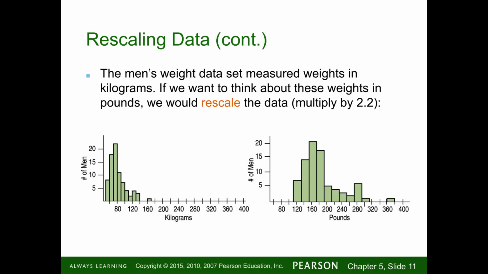Okay? So here's another example. Men's weight data in kilograms, and then we multiply it by 2.2, because we're converting it from kilograms to pounds.